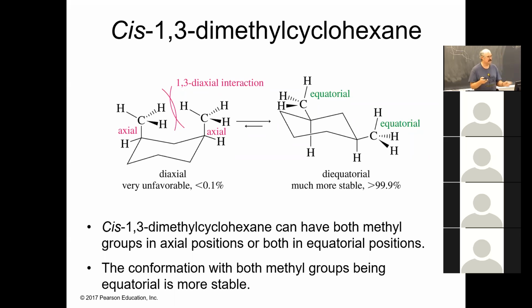Okay, in order to go from cis to trans, we have to break and reform a bond, but we didn't break any bonds, we just flipped the ring. But this is cis, because if we compare the hydrogens, for example, they're both axial and they're both straight down and they're both on the same side.